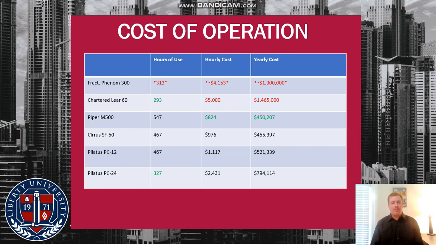The PC-24 has the lowest number of hours used, and it's actually not too far off on the yearly cost. Because of the time saved, your hourly cost is higher, but the number of hours used is lower, so your total yearly cost roughly washes out to similar numbers. But the M500 is the lowest out of all of these for yearly cost of operation.